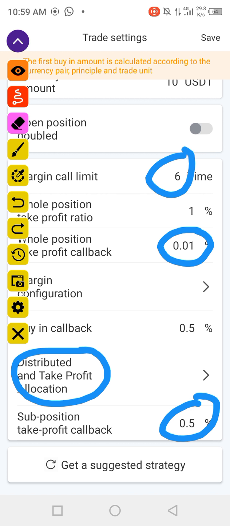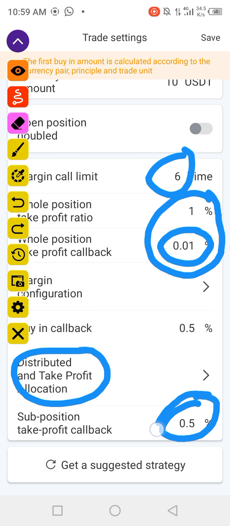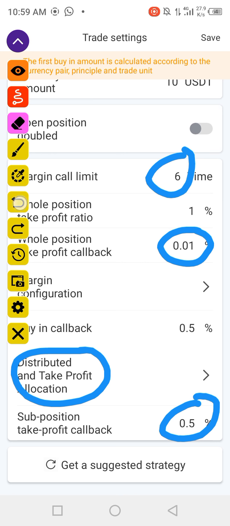While this one controls initial position up to position number 4, while this section controls from position number 5 to the highest margin call that you set. I will explain.